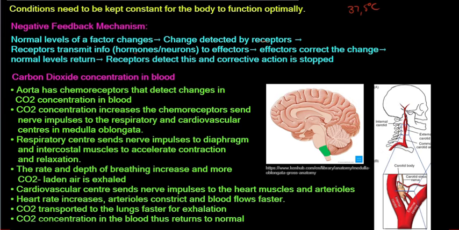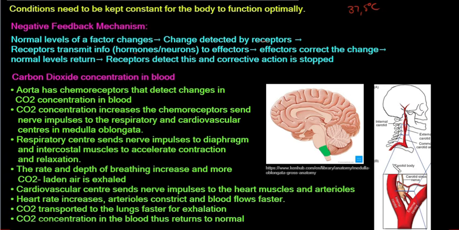Let's look at one of the first factors that need to be kept constant, and that is carbon dioxide. Carbon dioxide is detected by chemoreceptors in the aorta that detect a concentration increase of carbon dioxide.